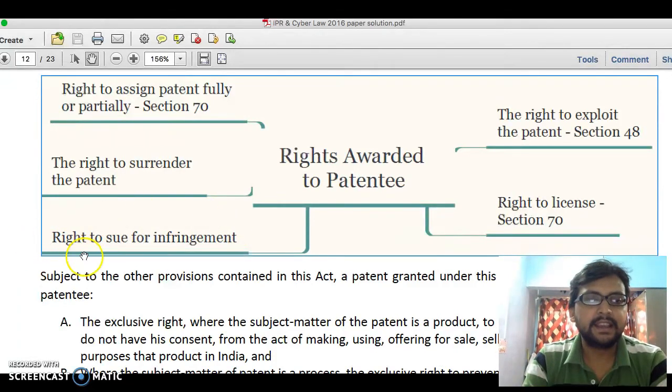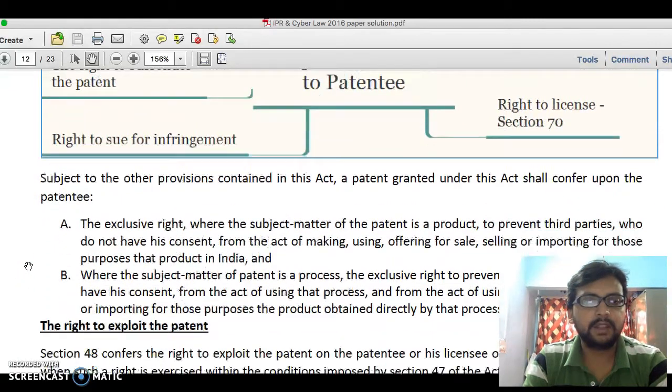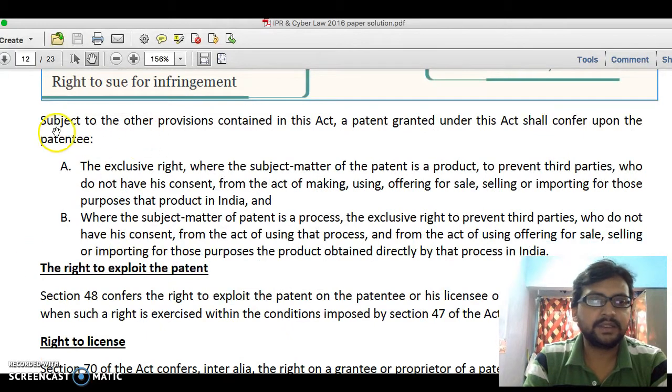And last is, if someone misuses my idea or uses it without my knowledge or permission, then I have the right to file a case against that person. Now, as you can see, subject to other provisions contained in the Act, a patent granted under the Act shall confer upon the patentee, first, an exclusive right.